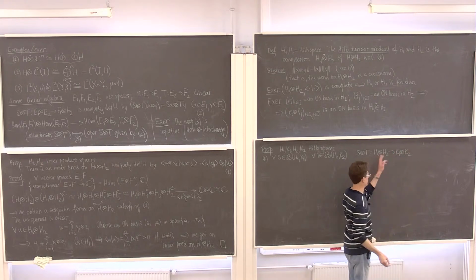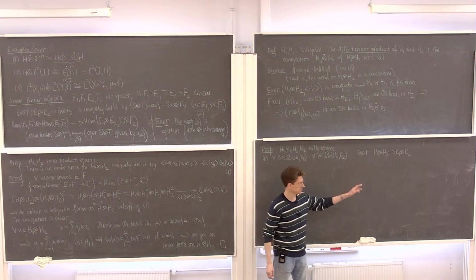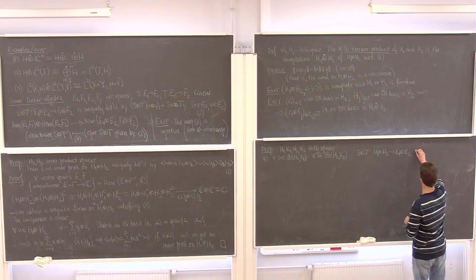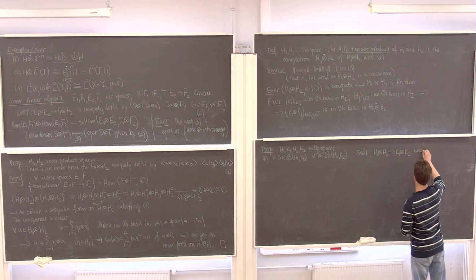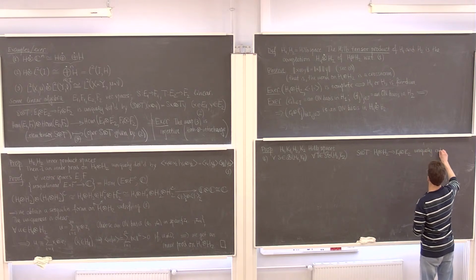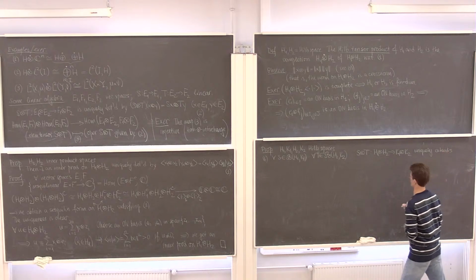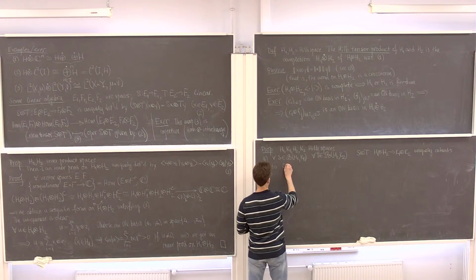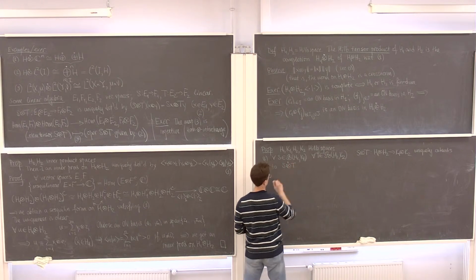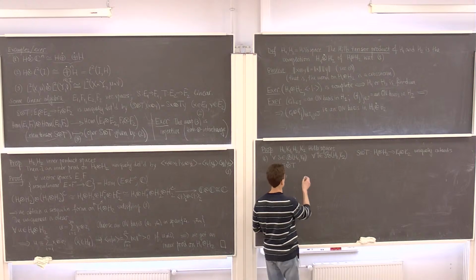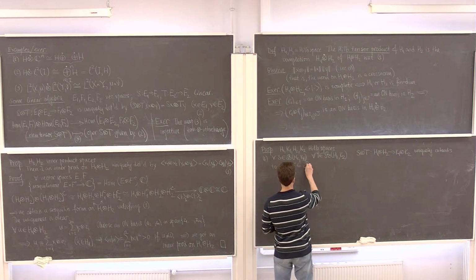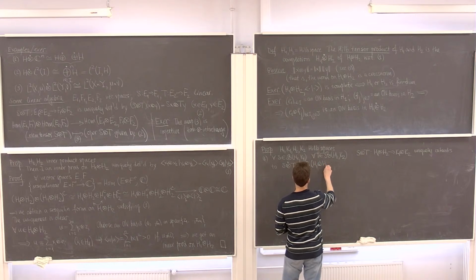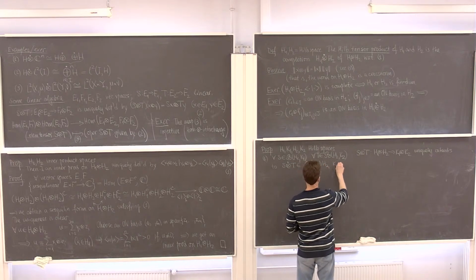So at this point, I consider the algebraic tensor product, so this is well defined. And I claim that this map uniquely extends to a bounded linear operator, which will be denoted like this, S tensor T with a hat, between the respective Hilbert tensor products from H1 tensor H2 to K1 tensor K2.